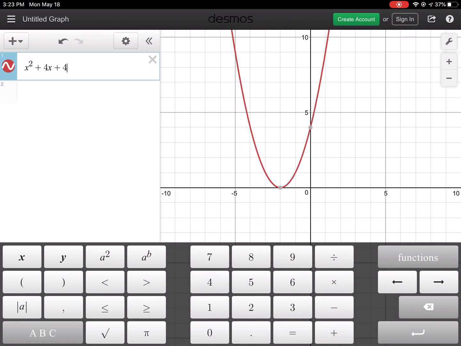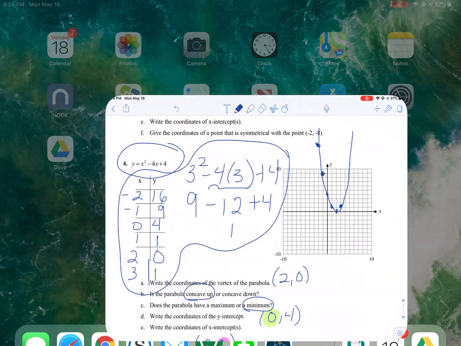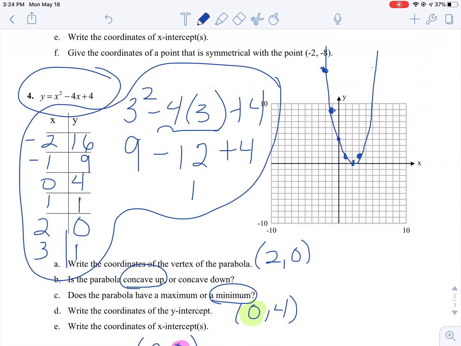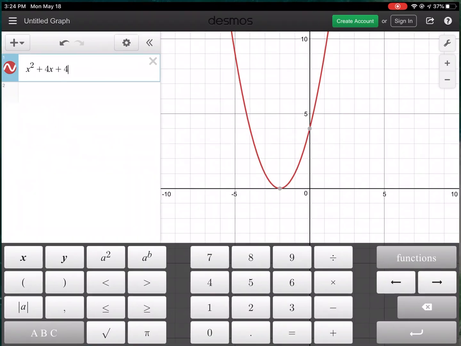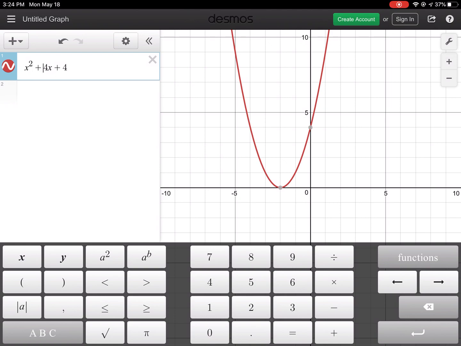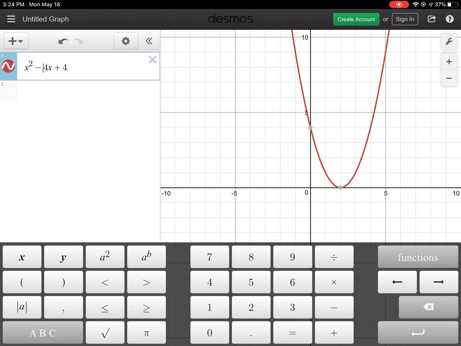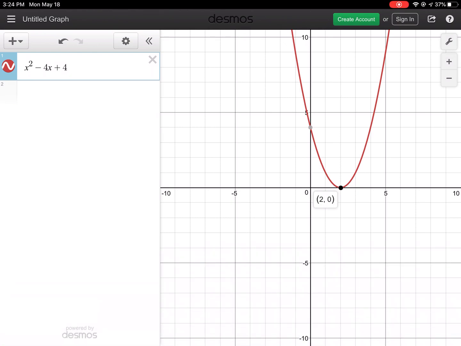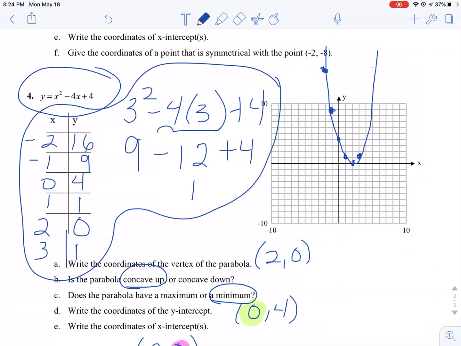No, it must be x squared minus 4x plus 4. So take a look at that again. There you have it. And so now you can clearly see the x-intercept is there, the y-intercept is there. I think that's all you needed actually. So that's another option, is to always check your work with Desmos.